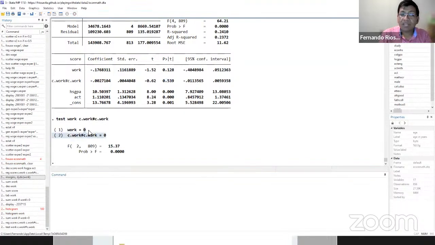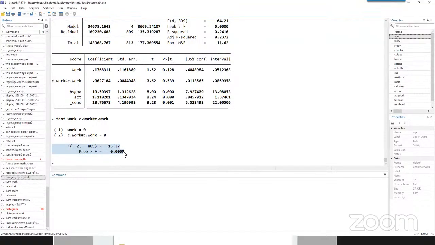So you have to run a joint hypothesis of two different conditions for the coefficients. And this is what this is telling me. These two hypotheses are rejected based on the evidence of my data at almost zero probability. Is that clear? Yes, it's clear now. Perfect.